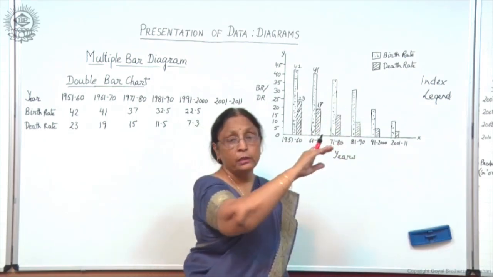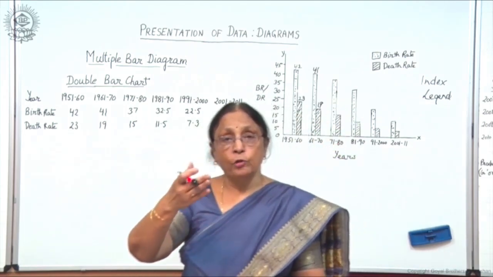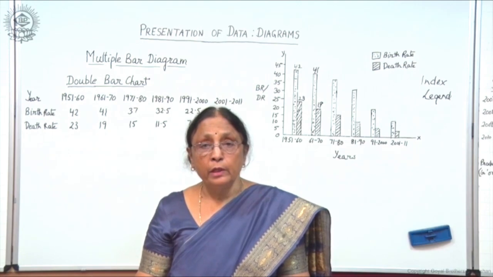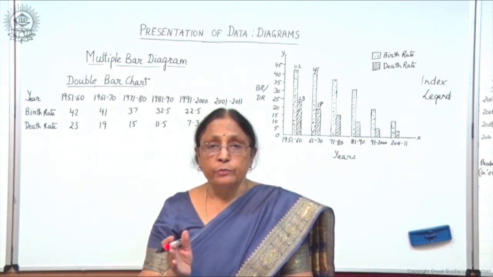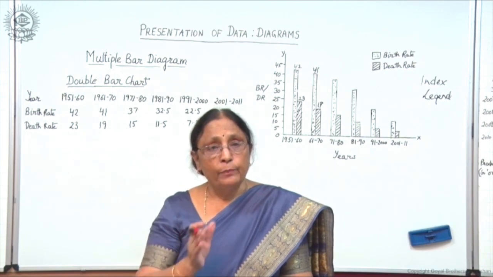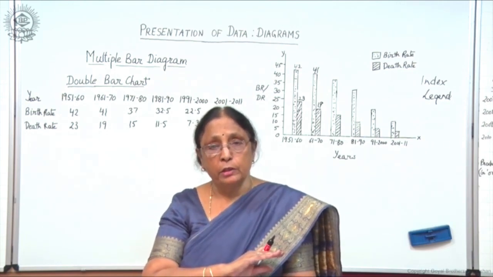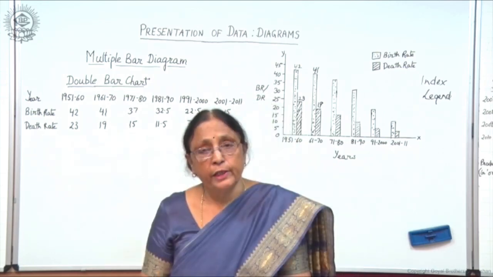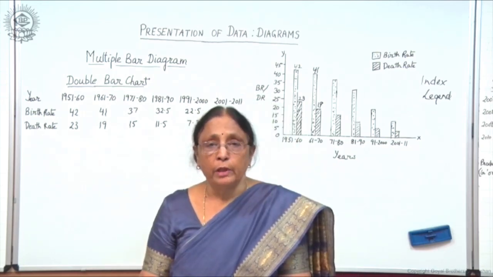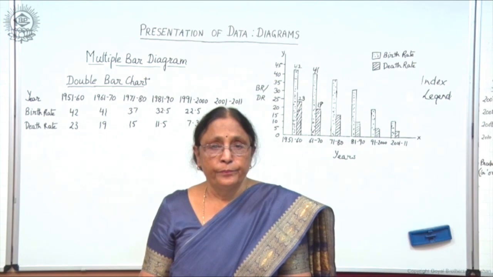This will show that there was an increase in a particular year, then again there may be a decrease. So with the help of this distribution of data, with the help of the double bar chart, you can compare birth rate and death rate. Is that clear to you?